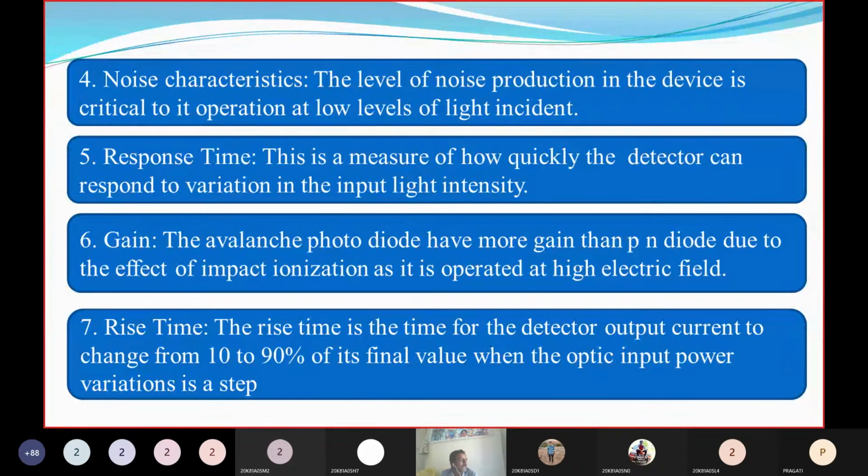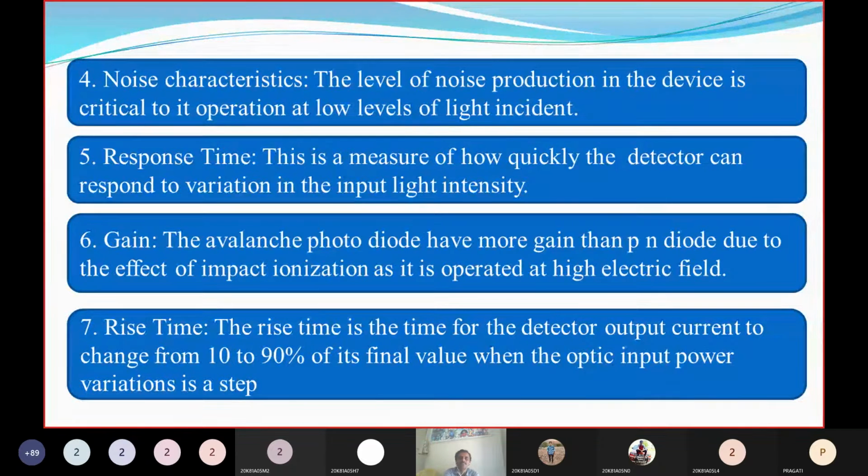If you take a diode whose noise level is very high, it will not be accurate at low levels of light, meaning low intensity light. Because the noise is very high, if very low intensity light is incident, we cannot detect it using the photodetector.